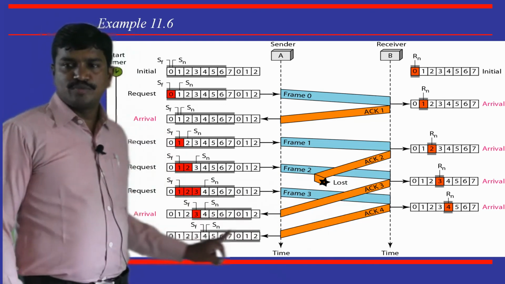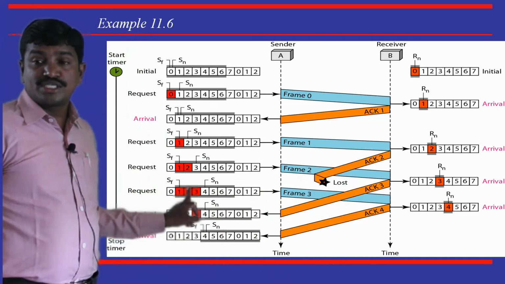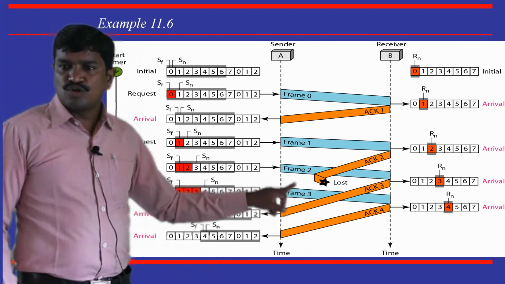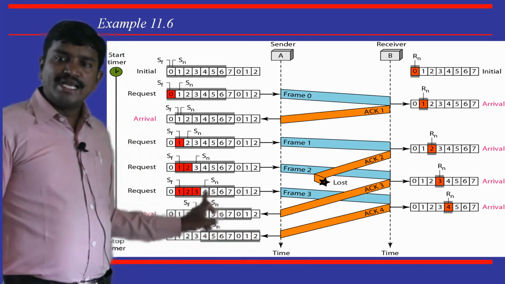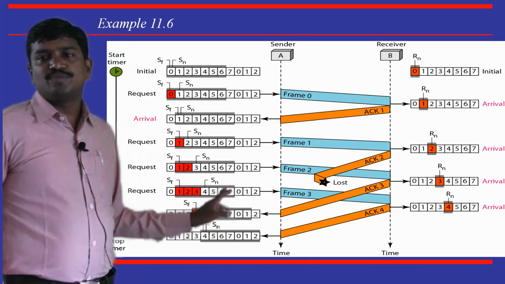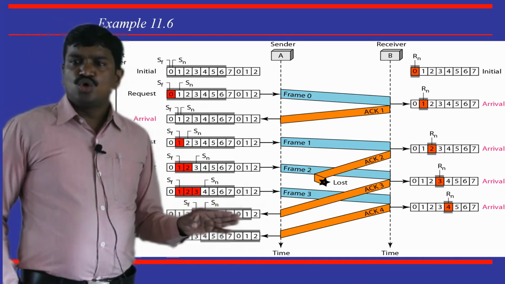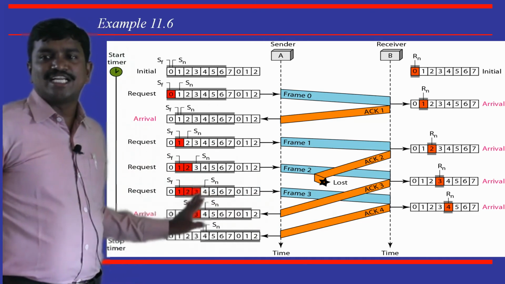When the fourth acknowledgement is given, SF, the outstanding frame, moves. We lost acknowledgement 2, but acknowledgement 3 indicates that the second frame was also received. Acknowledgement 3 indicates up to 3 we have received. So though you have lost acknowledgement 2, it is not going to do any retransmissions.